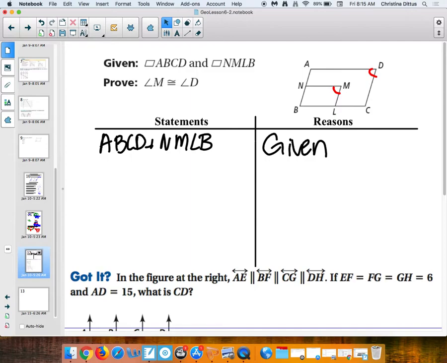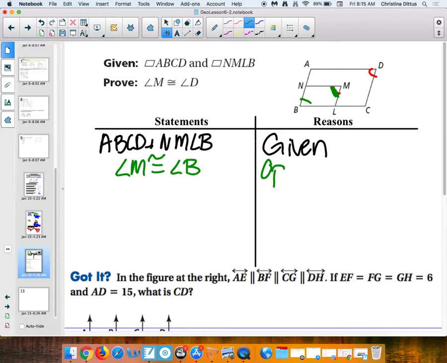Okay? So let's look at M. Looking at my parallelogram NMLB, what do I know has to be the same as M? Why? Yeah, I said my opposite angles have to be the same. So I can say that angle M is congruent to angle B because they are opposite angles.